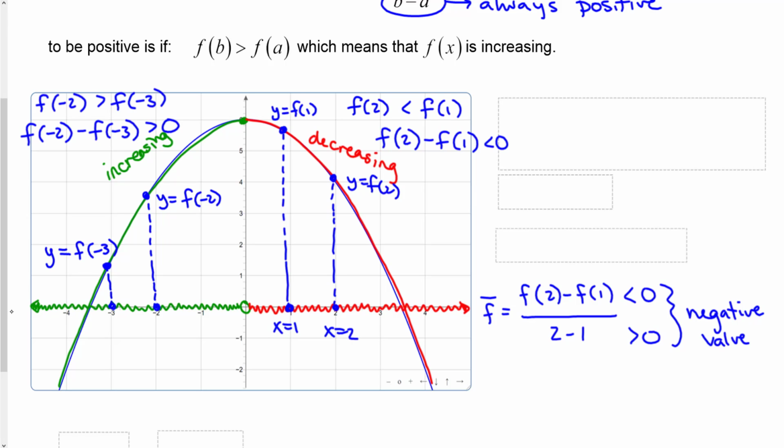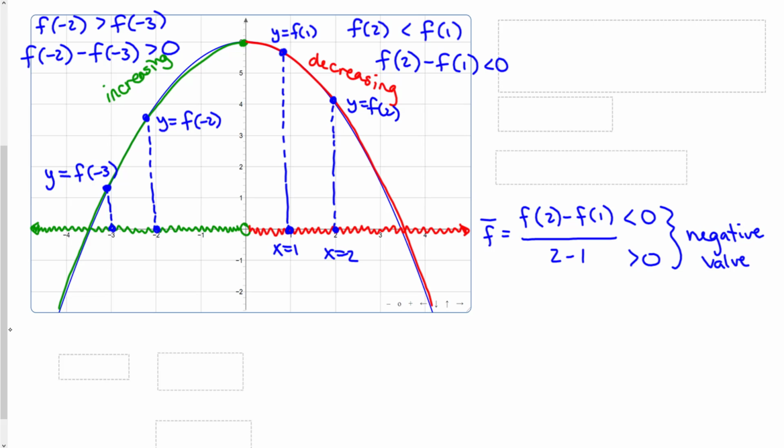And what that means is on this increasing interval, the average value is going to be f of -2 minus f of -3 divided by the difference between my x values, which would be -2 minus negative 3.